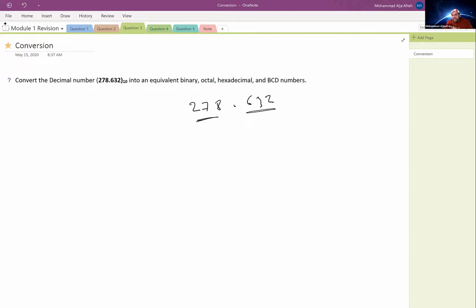This process will end for sure, because I can have a remainder when I divide by 2 of either 0 or 1, and the quantity will end. I will reach a point where I no longer have a dividend. However, the fractional part is tricky, because you keep multiplying and stripping off the integer, and this process might go to infinity.